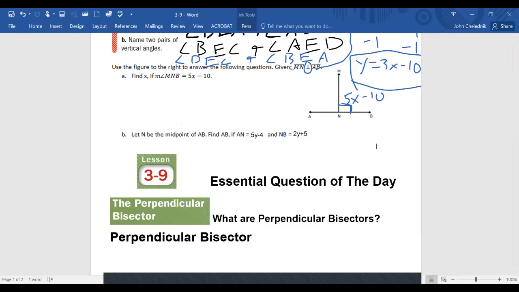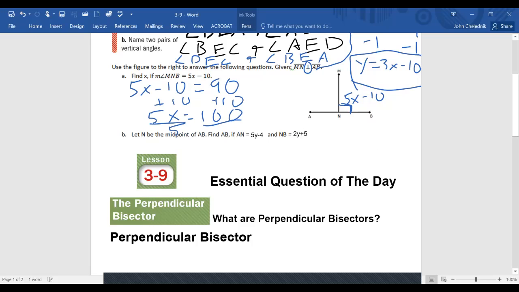Well, since that angle equals 90, we have the equation 5x minus 10 equals 90. Add 10 to both sides, you're going to get 5x equals 100. Divide by 5, 100 divided by 5 equals 20. And since all it wanted you to find was what x equals, we're done.